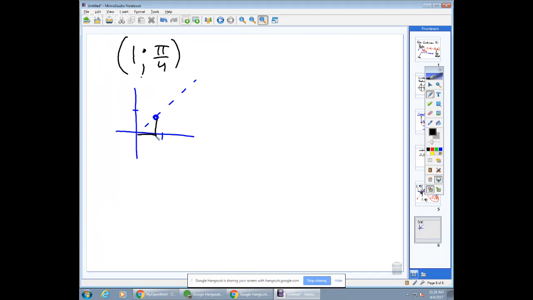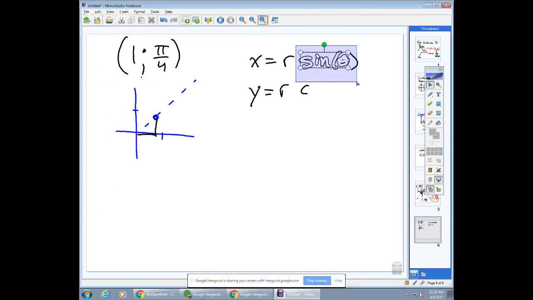To do that, I know basic trigonometry. The x value is going to be the radius times the cosine of the angle, and the y value is the radius times the sine. Oh, I got those backwards, sorry. All right, there's my cosine and sine of theta.